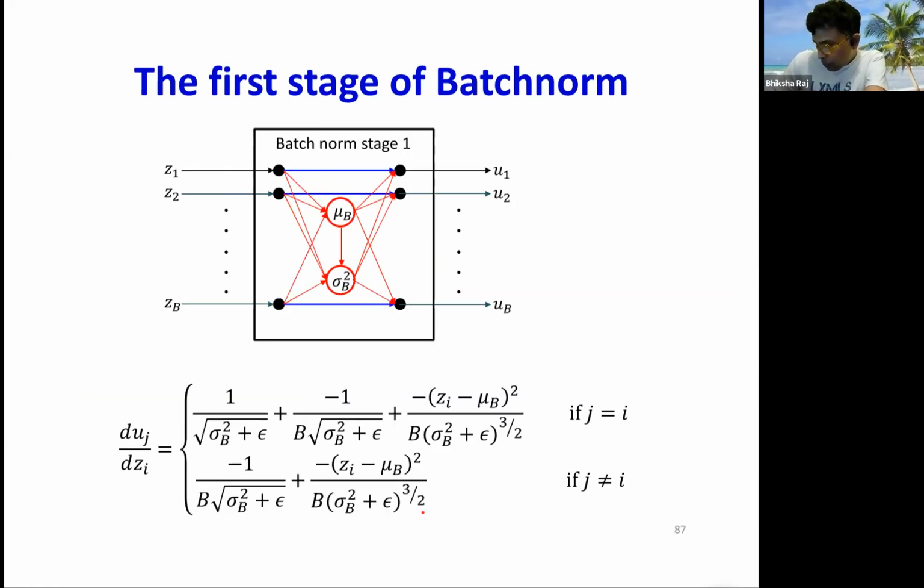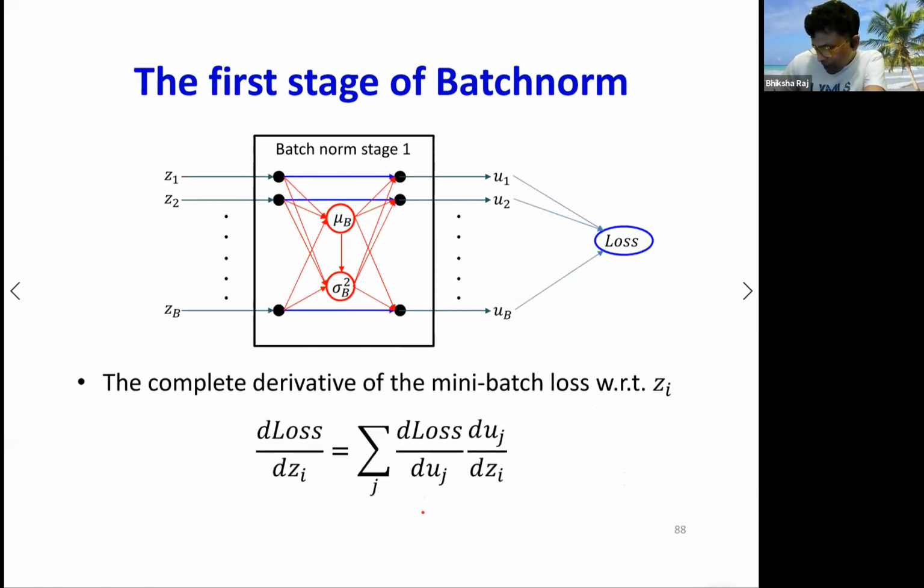And so when I speak of the derivative of any ui, uj with respect to Zi, I get this equation with 3 terms for the direct path and 2 terms for the cross paths, where the derivative for the cross path is the same as the derivative for the through path, but without this first term, right? And so remember, we went through all of that computation, all that painful derivation, because we wanted to compute the derivative of the loss with respect to any Zi. And that derivative we saw is given by this formula over here.